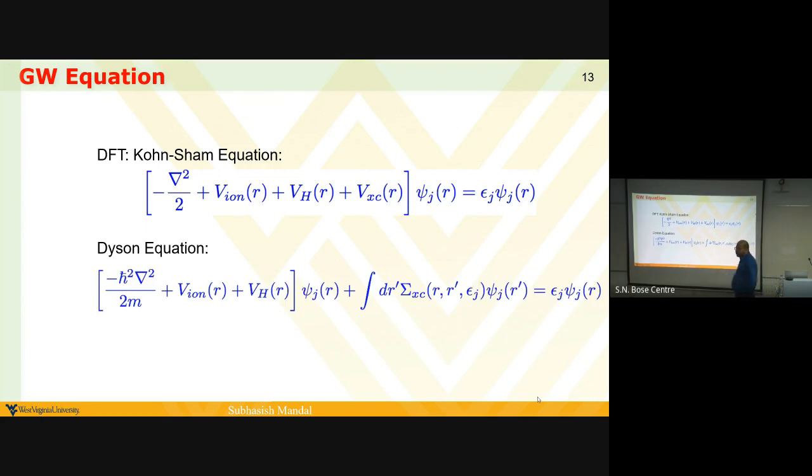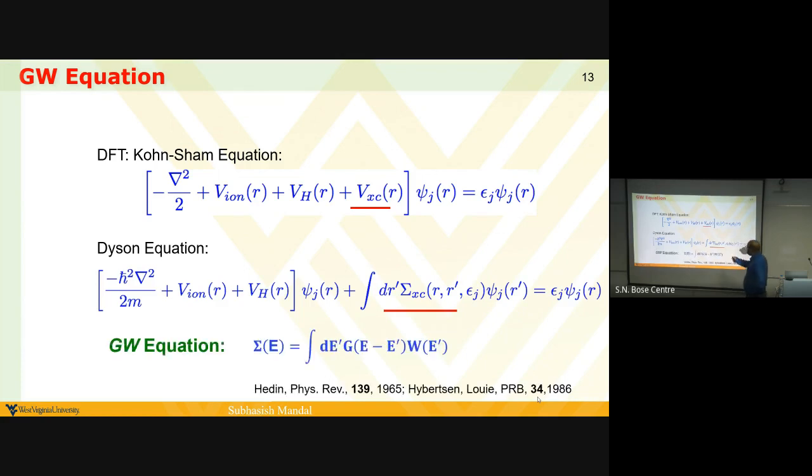The first three terms are precisely the same, but then we have a self energy which is non-local. Not only that, it also depends on the energy or frequency. So all the ignorance is put together in this one term, the correlation. And in GW, we approximate this self energy in terms of the Green's function G and the screened interaction W.